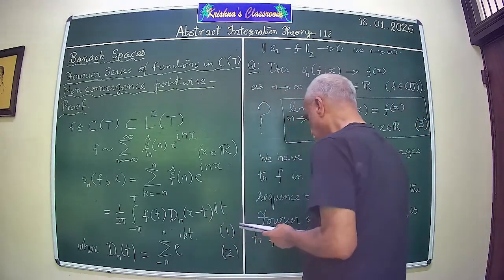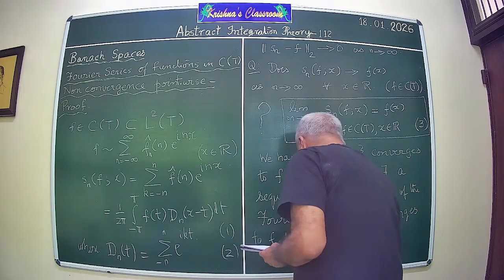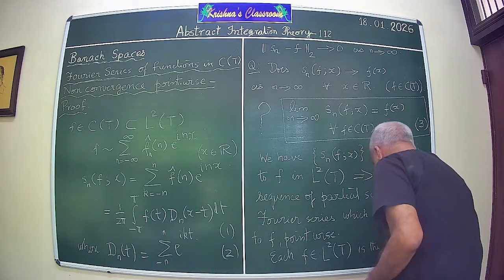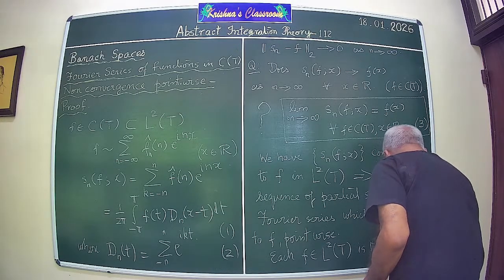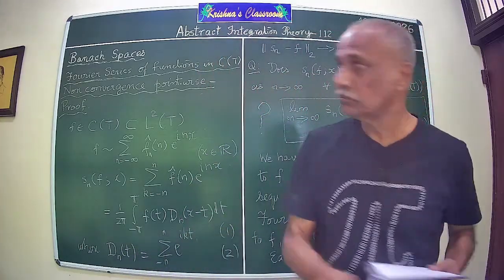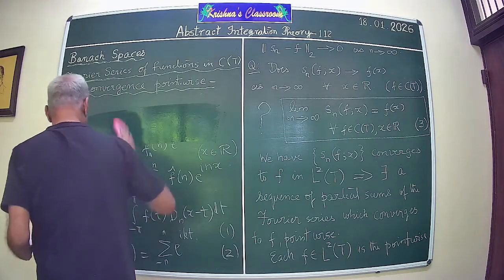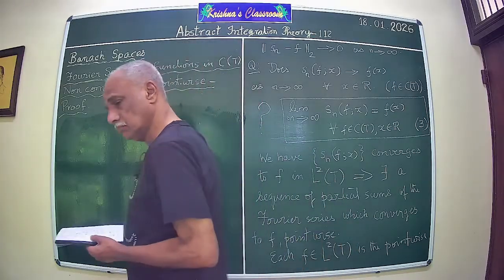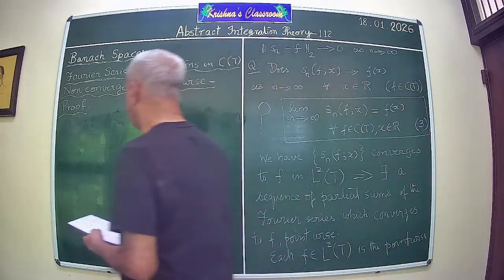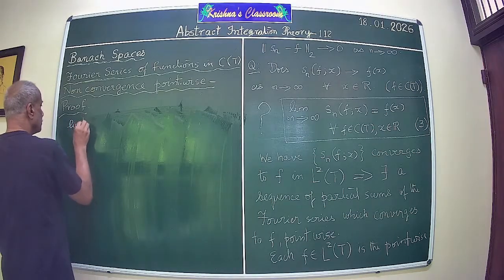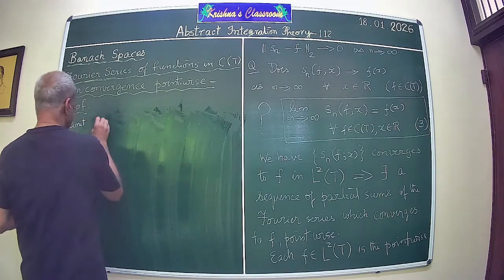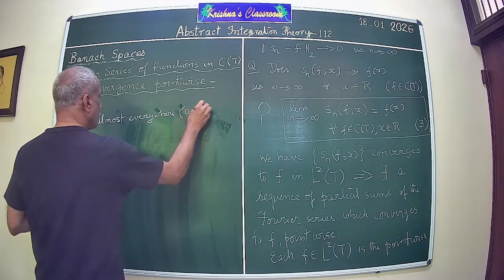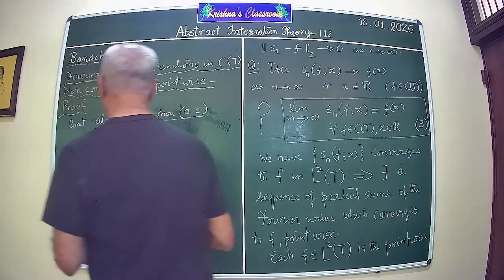Thus, what you have is this: each f belonging to L2 T is the pointwise limit, not everywhere, almost everywhere, of some subsequence of Sn.